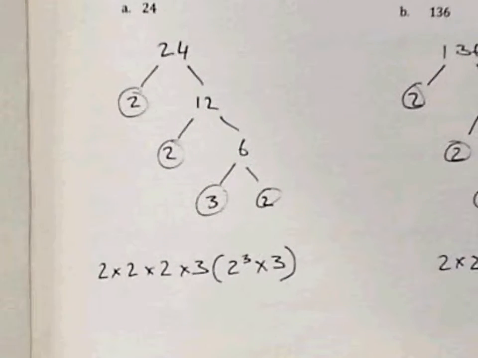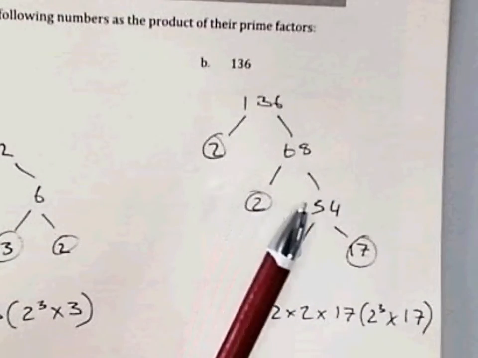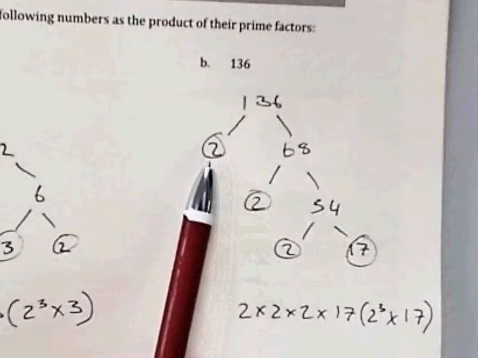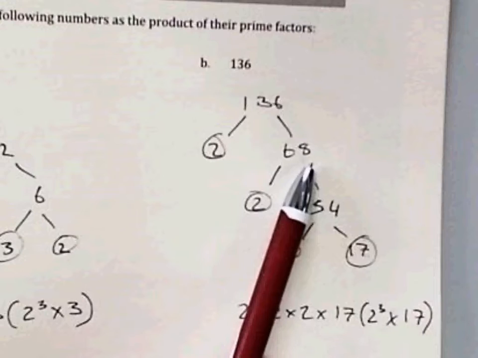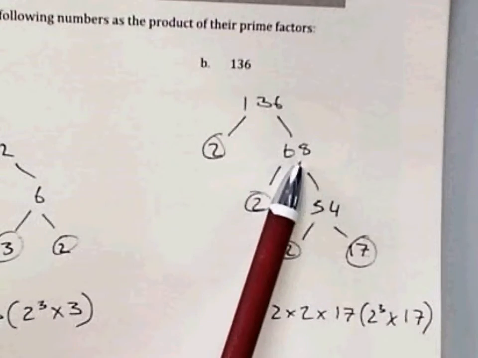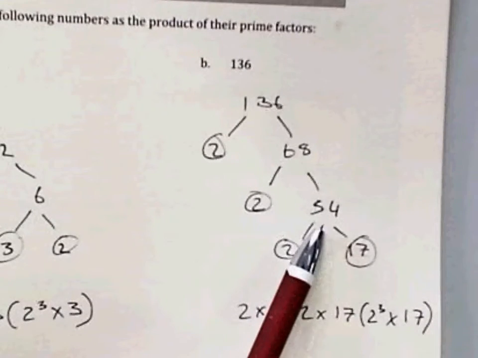So now we're doing 136 this time. What we can do is 136 divided by 2. So we circle the 2, and of course the answer is 68. Then we divide this, which is 2 and 34.